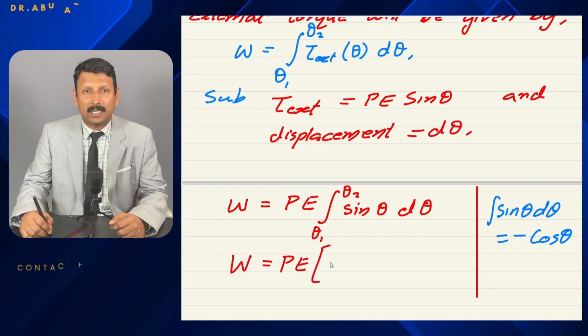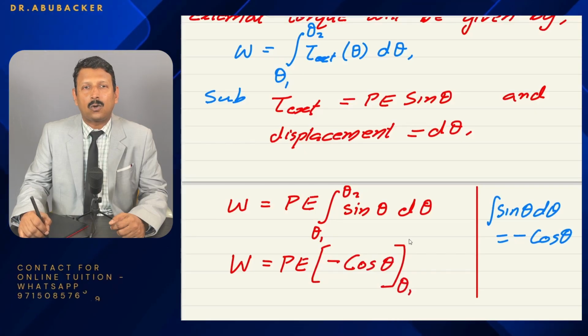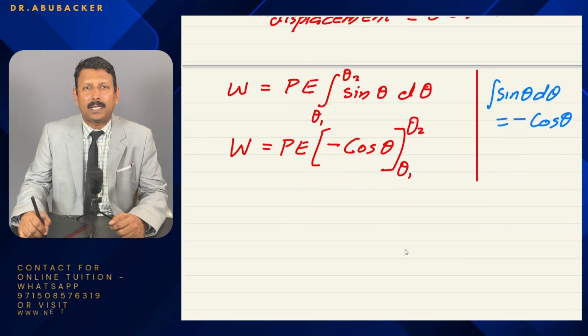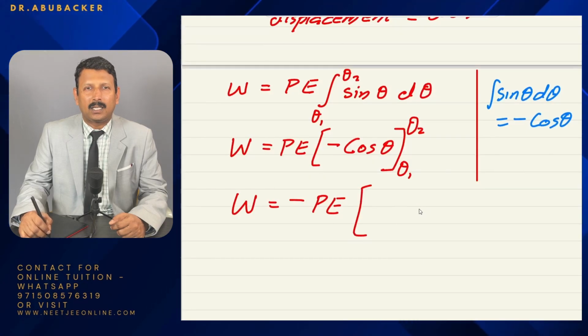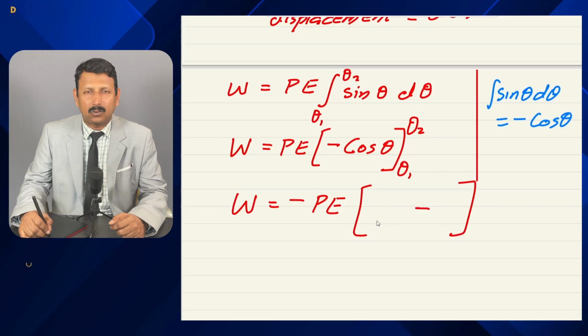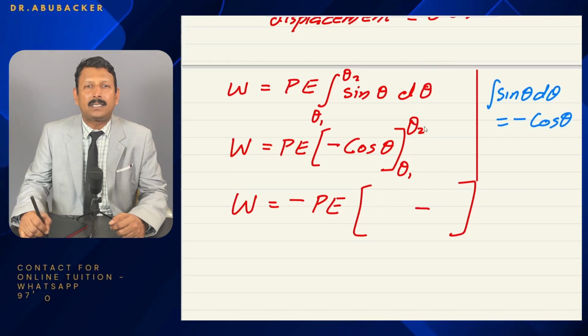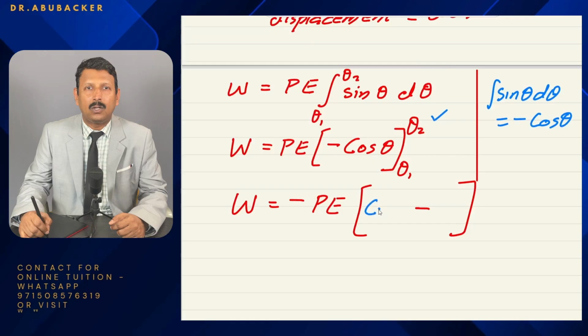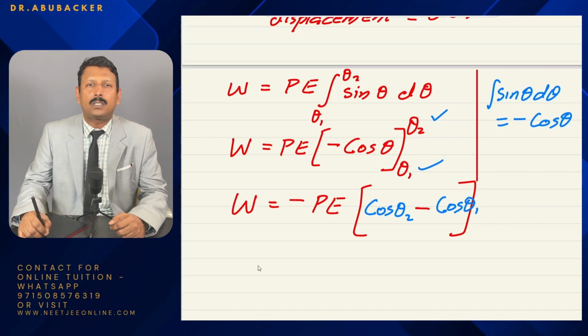Now applying the integration rule, start square bracket, minus cos theta, with lower limit theta 1 and upper limit theta 2. So it is equal to minus PE, substituting the limits: cos theta 2 for the upper limit, minus cos theta 1 for the lower limit.